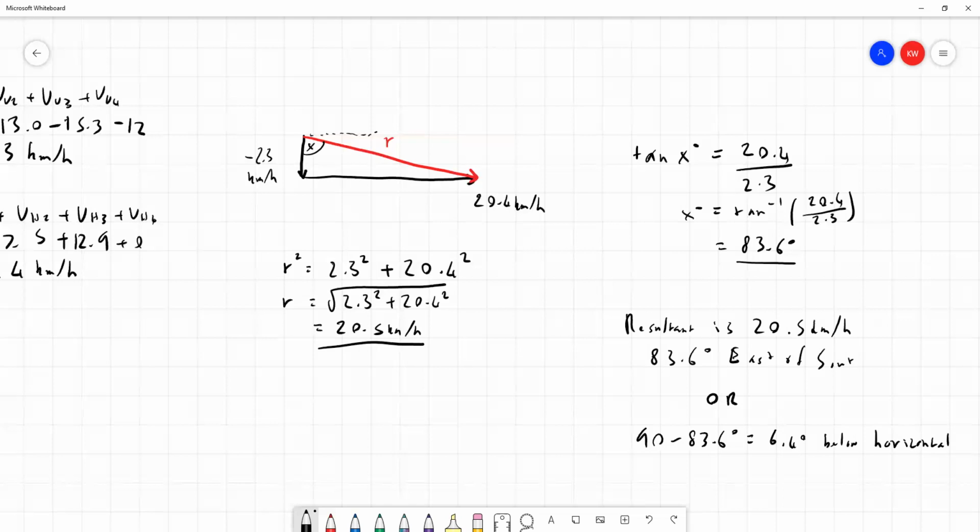But as long as it's clear in your answer which angle you've calculated to show the direction, then you've successfully answered the question. And that's the full analytical method that's required to solve a problem like this.